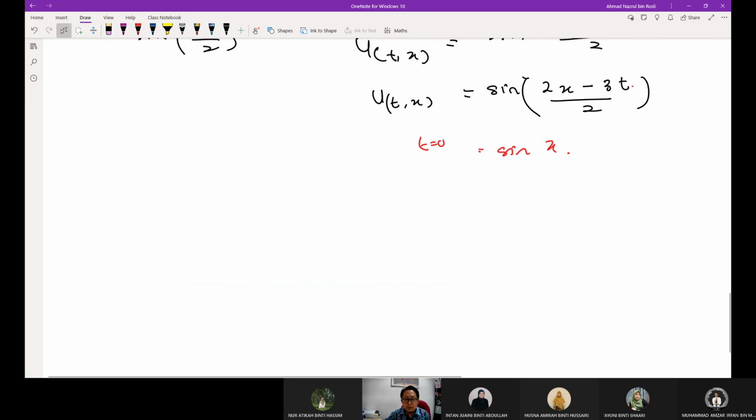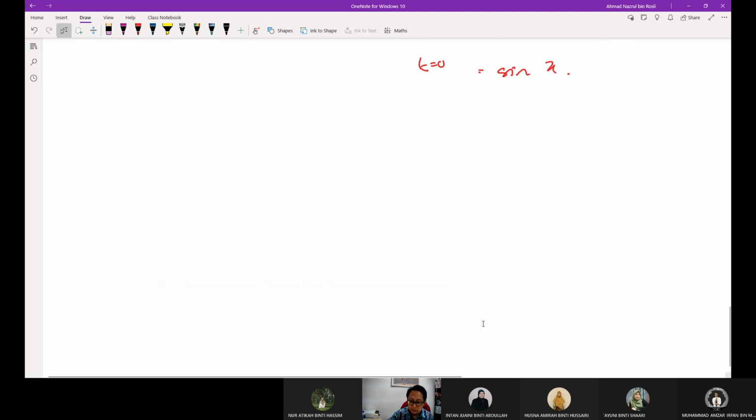Okay. So that would be method on the geometric and also the coordinate method. Okay. So they have another one for variable coefficient equation. So this especially for the u_x plus y u_y equal to 0.